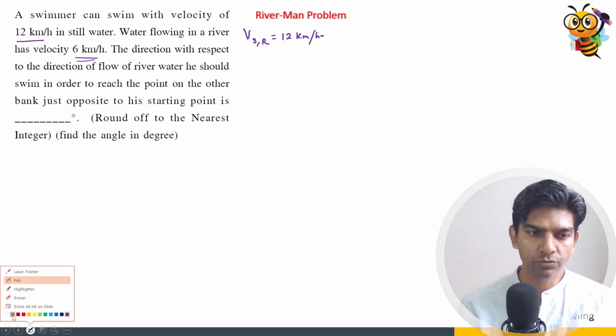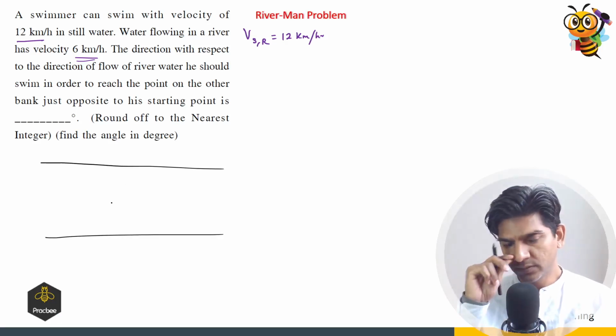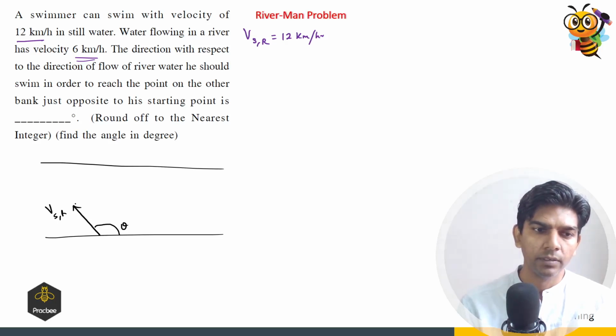It is similar to the last question. So these are the banks, and this will be the velocity of the swimmer with respect to the river, and this angle is theta, and this is the velocity of the river, which is given as 6, and that will be the velocity of the swimmer, which is given as 12.